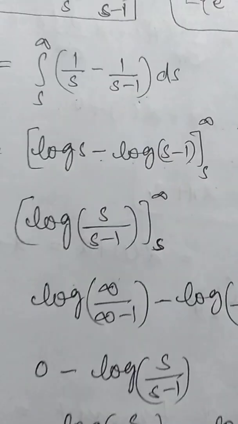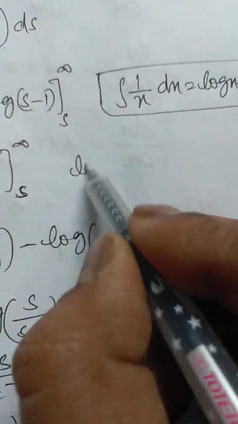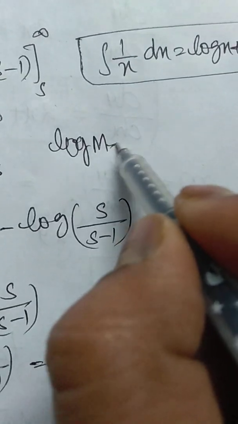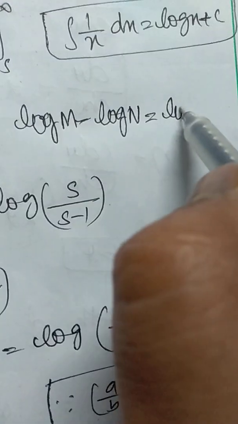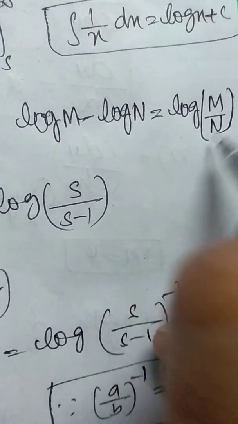Now logarithm of s minus logarithm of s minus 1 is in the form of logarithm of m minus logarithm of n is equal to logarithm of m divided by n. This is the formula.